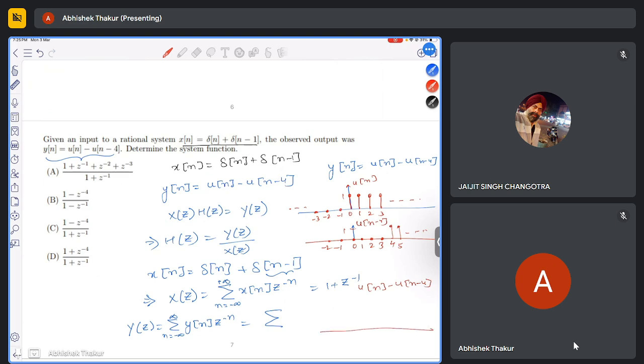All the terms after this term will get subtracted, because here also for 4 it is 1, for 5 it is 1. So all these terms from 4 onwards will get subtracted, and we will get the value at 0, at 1, at 2, and at 3.